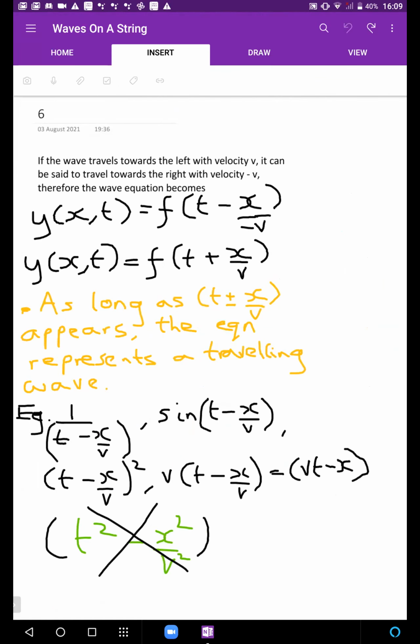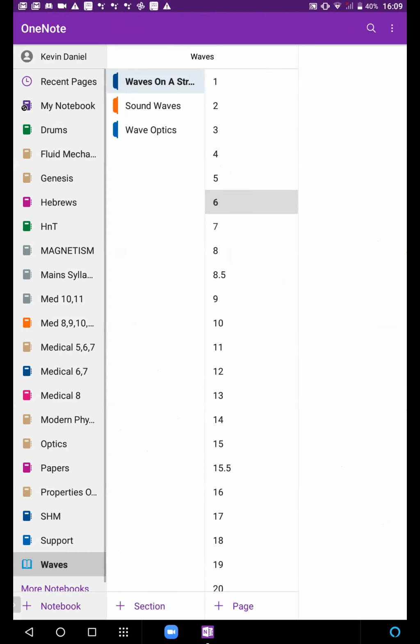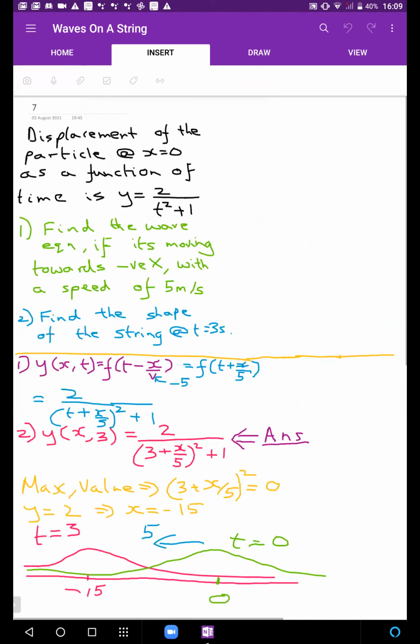And that's the characteristic equation of a traveling wave.